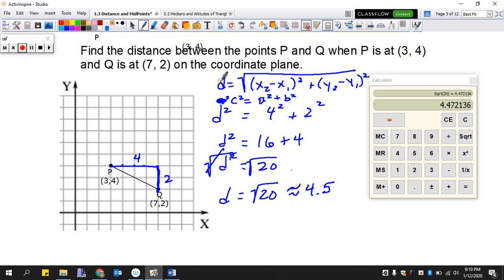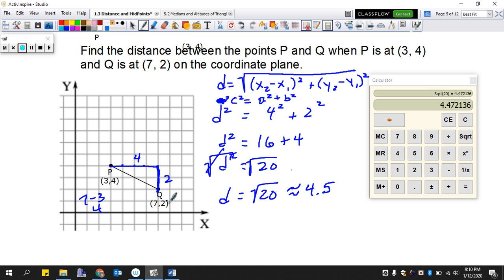That's this. And if we would have said 2 minus 4, that would have been negative 2. This could have been negative 2, but because we're squaring it, it doesn't matter. So that would have been negative 2 squared, which would have been positive 4. It's all the same thing.